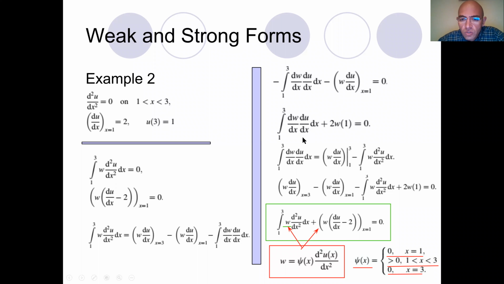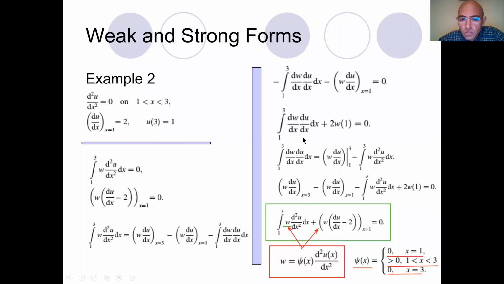This term has to be 0 and this term has to be 0 independently because of the choice. This is the only way that this expression is satisfied. So basically, again, I will repeat, this expression has to be 0.